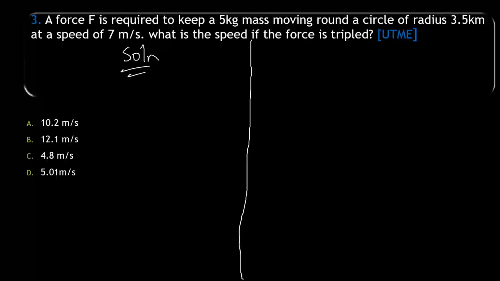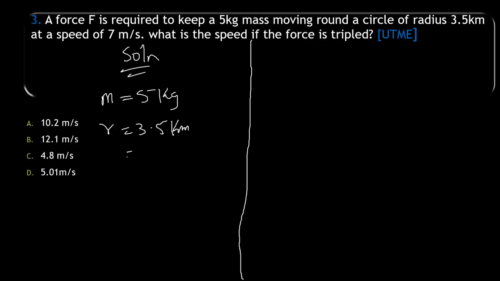What are the parameters we have? We have that mass is equal to 5 kg. The radius is given as 3.5 kilometers, but this is not the SI unit. So in meters, it will be 3.5 times 10 raised to power 3 meters. What else do we know?